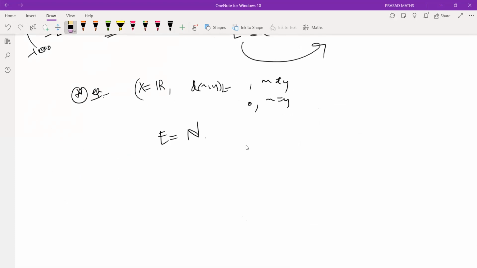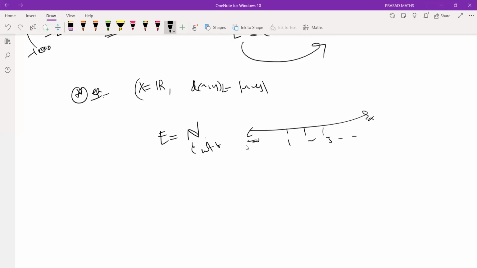In the usual metric, is it bounded? No, because it has a lower bound but not an upper bound. By the Archimedean property, it is not bounded. Now take the integers. Is it bounded? No, by the same property it is not bounded.